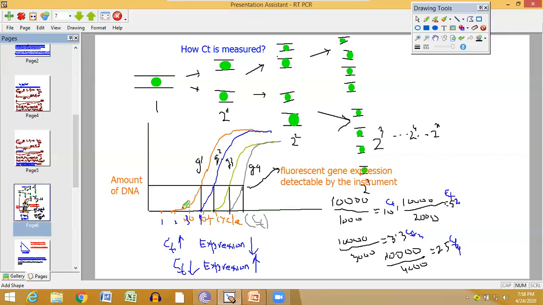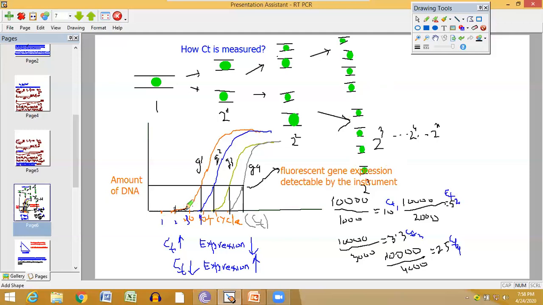When it comes to a point like this, the machine starts getting the signal from the fluorescent dye, because at that particular cycle there is a sufficient amount of DNA copies with the incorporated dye. But after that, the increase of the fluorescence first takes a very slow jump.